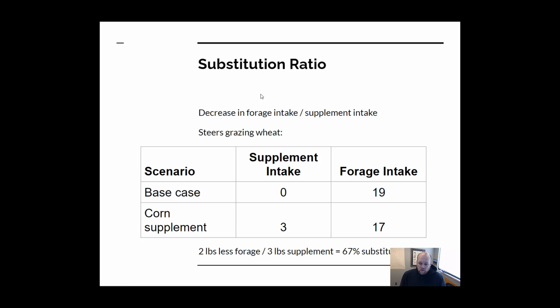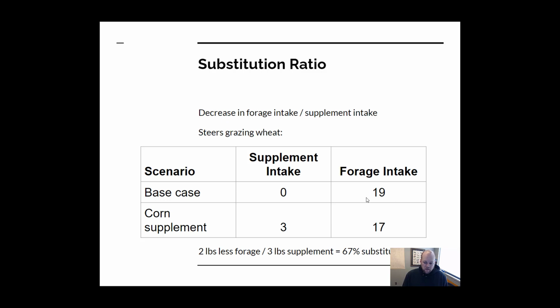So the thing you could think about here is the substitution ratio. Substitution ratio is the decrease in forage intake per unit of supplement intake that you feed. In steers grazing wheat, in our base case, if we don't feed any supplement, we might expect them to eat 19 pounds of forage per day.